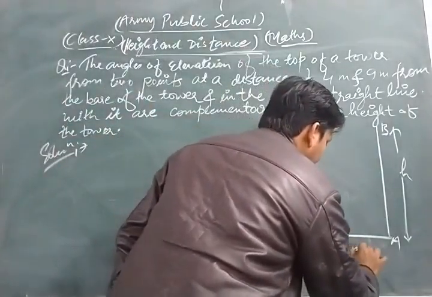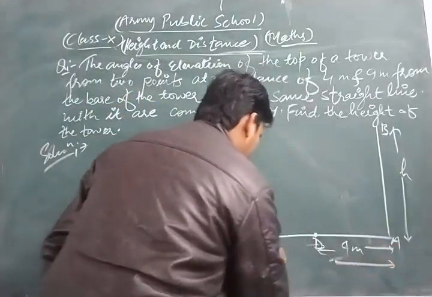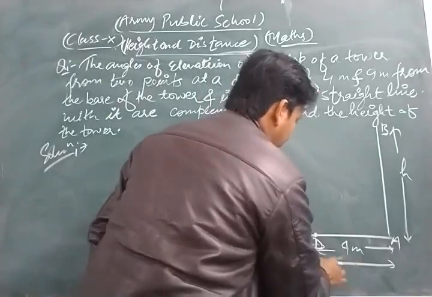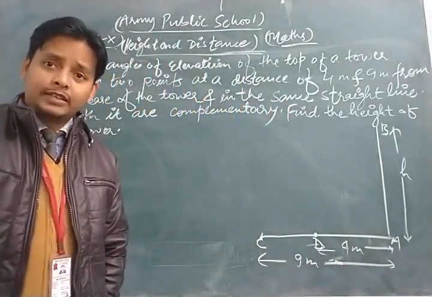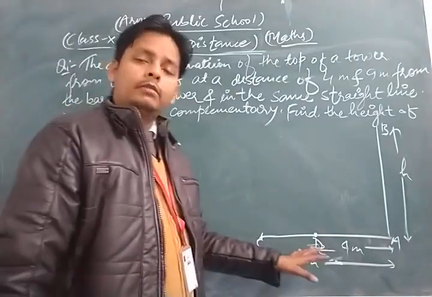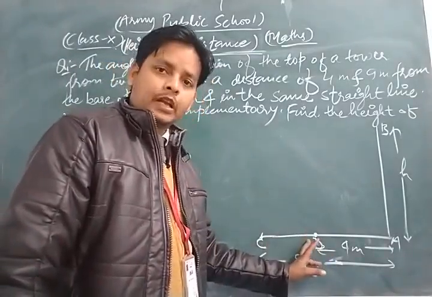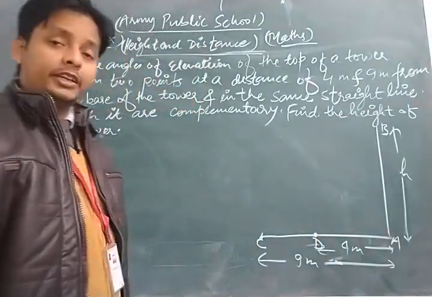Here this is 4 meter and the distance from A to point C is 9 meter respectively. Dear students, from these two points C and D, the angles of elevation are complementary to each other.